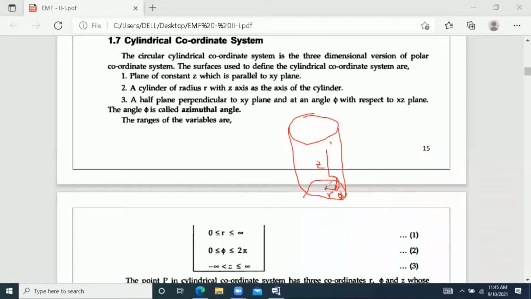R, you can go from 0, which is at the origin, to as far as you want to go, infinity. To go around the circle is 2 pi radians. So phi goes from 0 to 2 pi. Z, you can go from minus infinity to infinity.